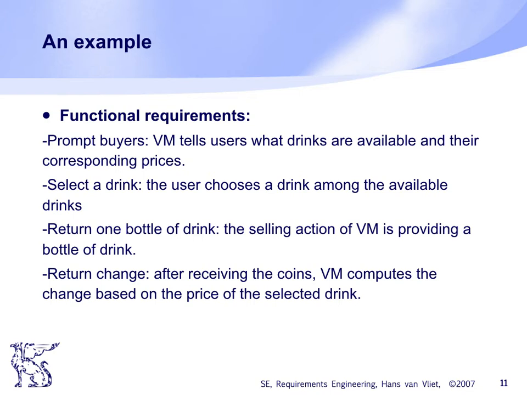Now the fourth functional requirement is that the vending machine will receive the coin, count the change, and return the change to the customer. So prompt buyers, select a drink, return one bottle of drink, and at last return change are the four functional requirements that we need in that system.